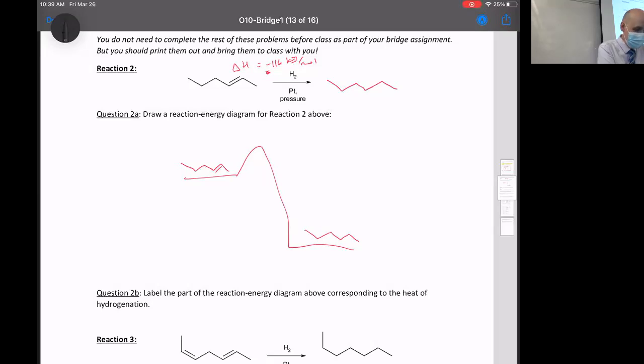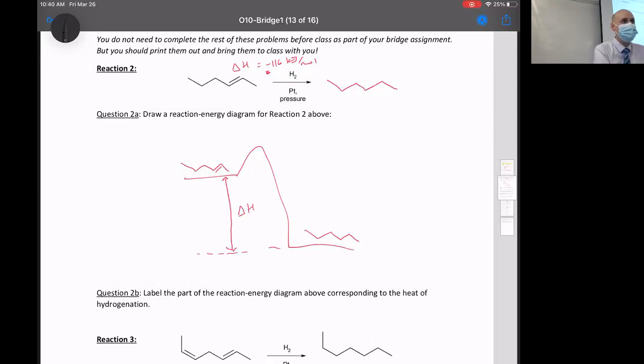So where do we see that negative 116 kilojoules per mole? Where would that be exactly on this little diagram? Well, your change is negative 116 to get from where to where? Perfect. So it would be right here. It's the gap between where we started and where we ended up. So this would be your delta H. This is going to be your negative 116 kilojoules per mole.